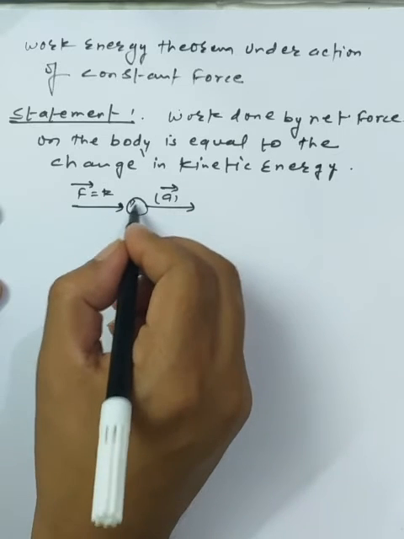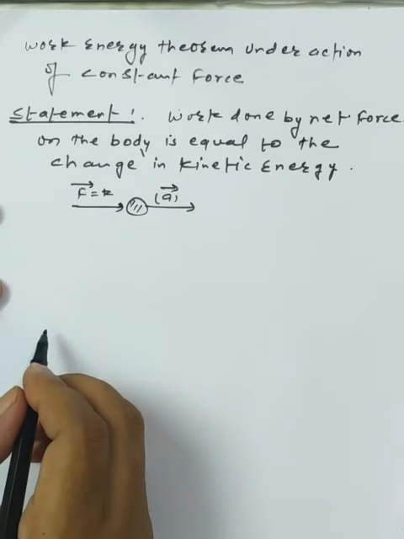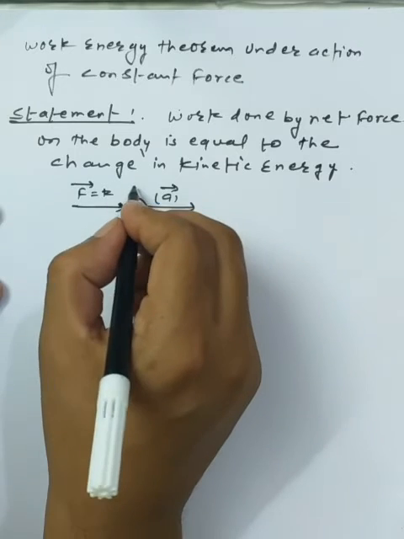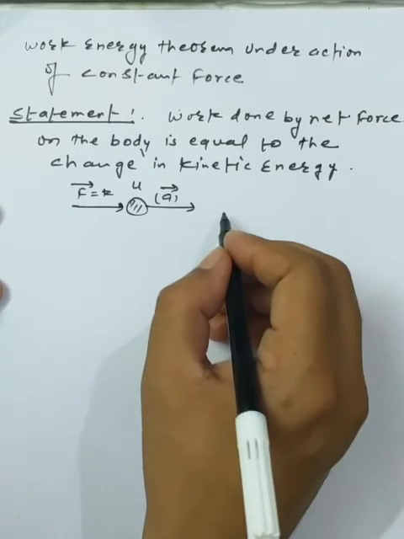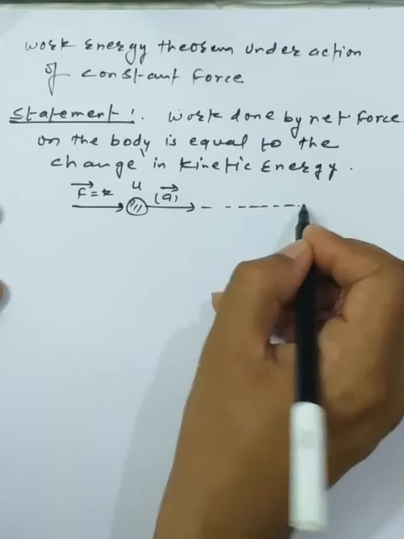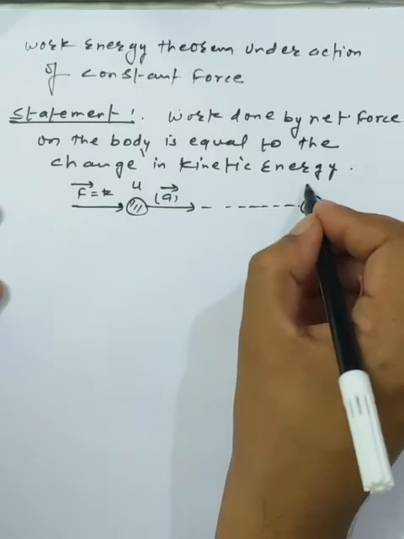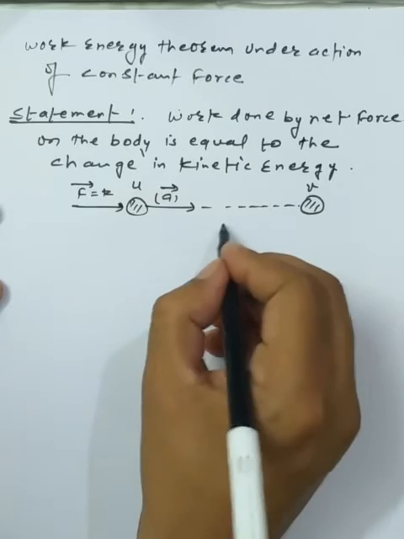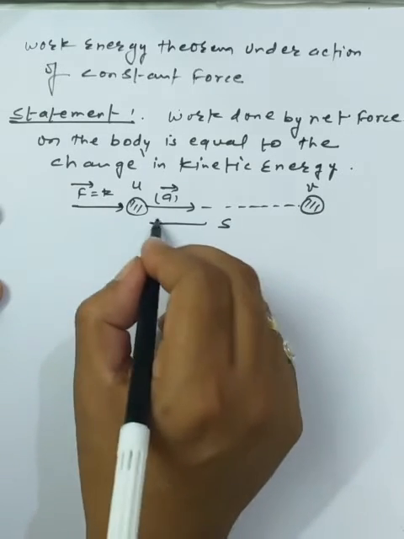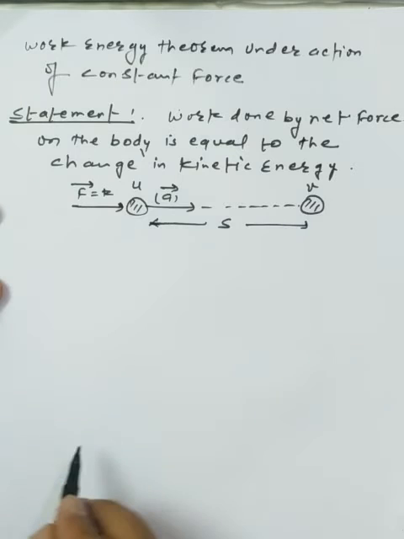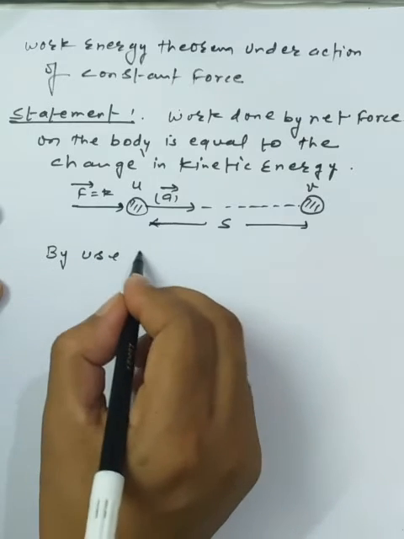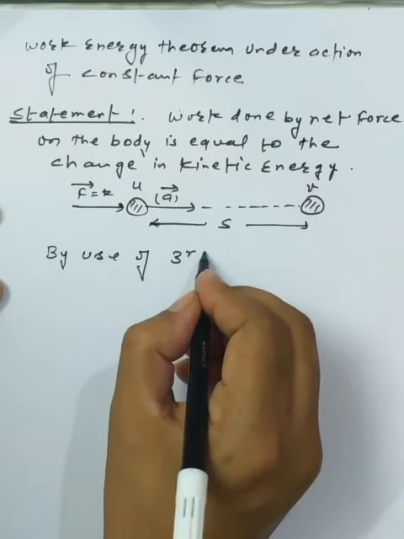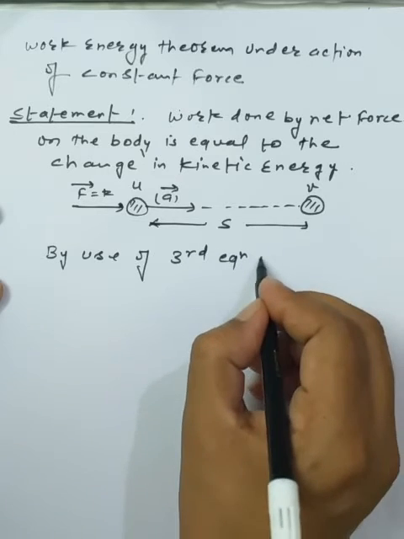Okay, so this is the position of the object we have, and we assume here also that it has its initial velocity, called u, and slowly moving in a forward direction it acquires the final velocity, called v, and during this process it acquires the displacement called s. Okay, so what we actually use is the third equation of motion.